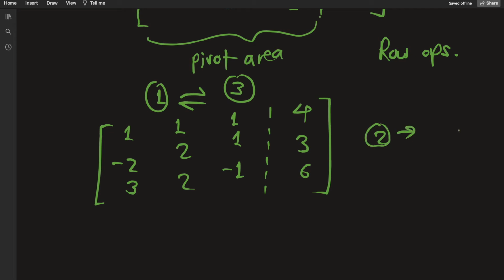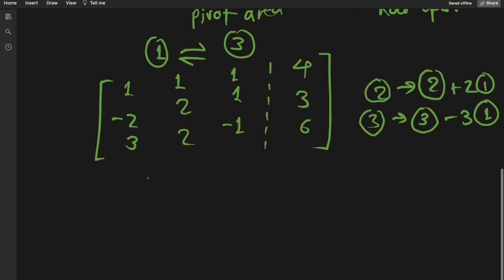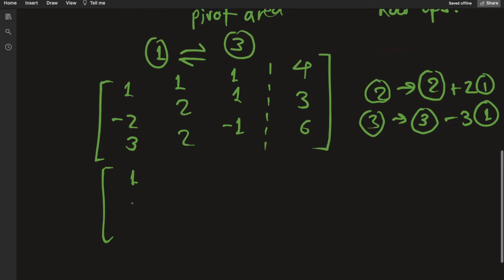Now column 2 is column 2 plus 2 times column 1 because we need to get rid of this negative 2. Column 3 is column 3 minus 3 times column 1 because we need zeros in that column. So we have 1 0 0, 1 4 negative 1, 1 3 negative 4, 4 11 negative 6.